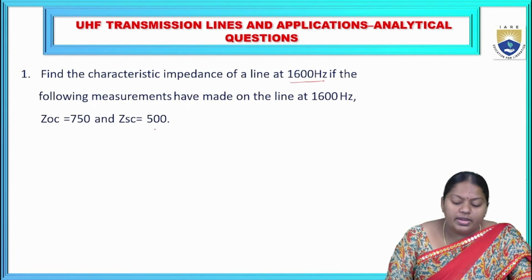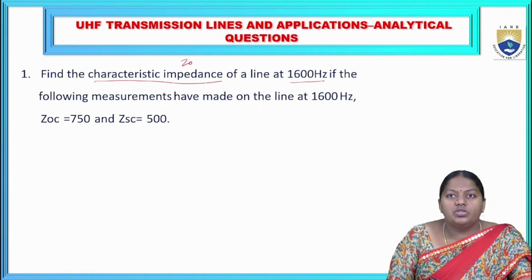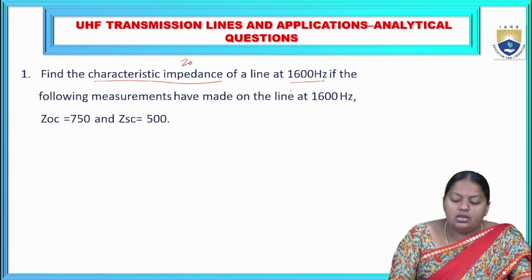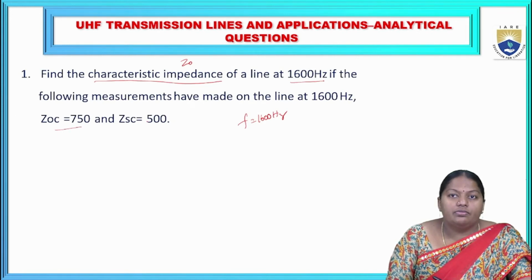Characteristic impedance is generally represented as Z0 in a transmission line, the line frequency is 1600 Hz, the open circuited impedance is given as 750, and the short circuited impedance is given as 500.